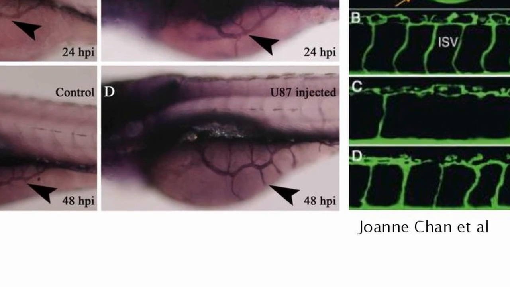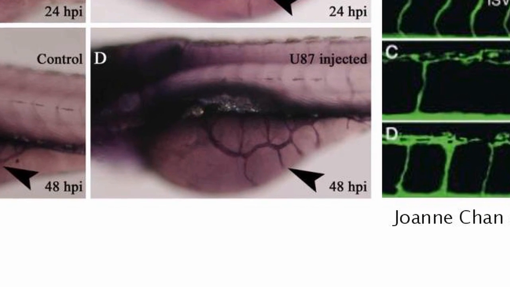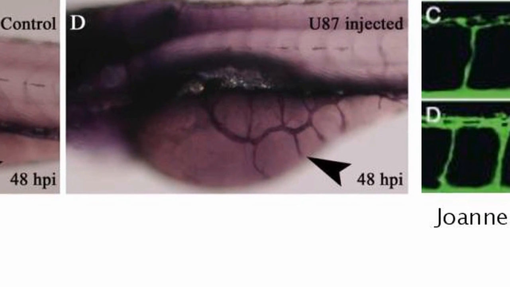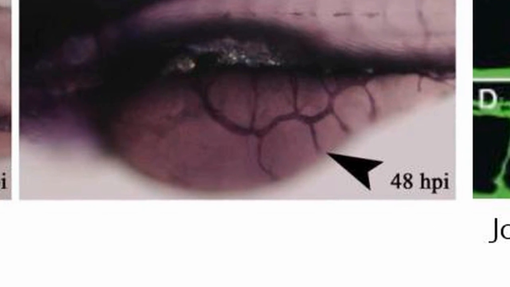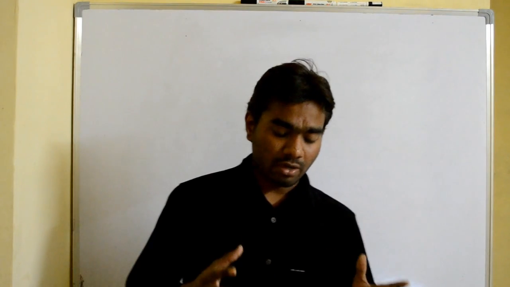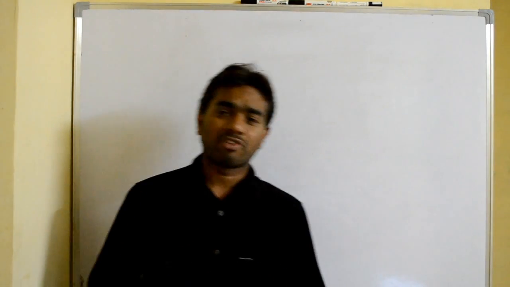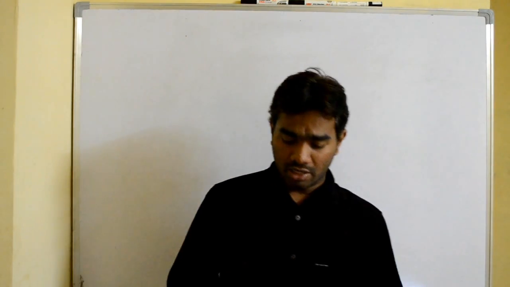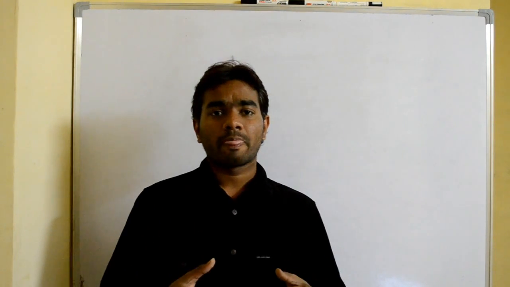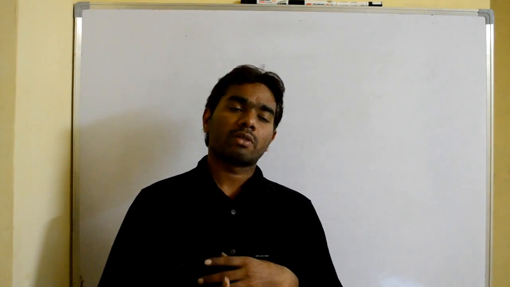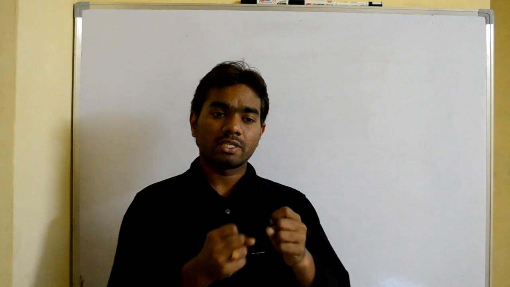These are called subintestinal vessels, and we can see how they are branching out. For example, when vascular endothelial growth factor receptor inhibitors like sorafenib, regorafenib, cabozantinib, or similar drugs are given, there may be some partial blockade of this angiogenesis.